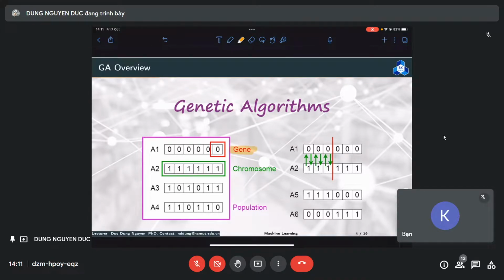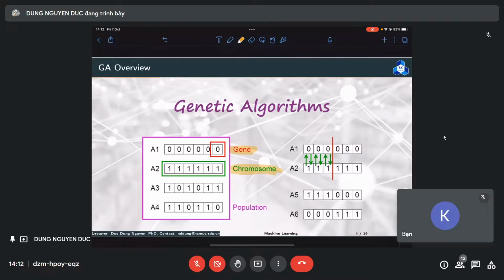It can also be understood as a value in your parameter set, which you are trying to optimize. Okay. And the other terminology we may have is chromosome.